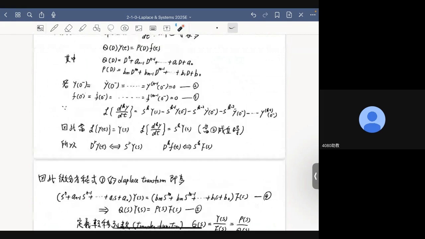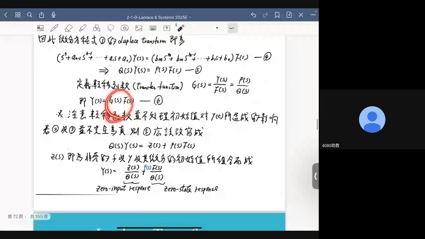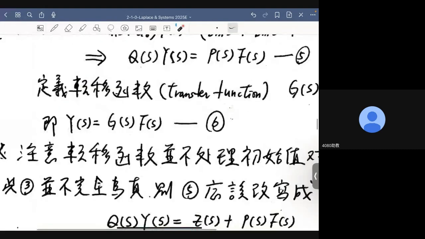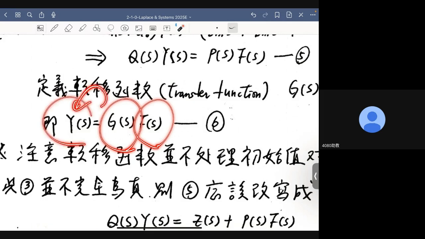All right? Because only when it can fully represent the dynamics of the system can we have this result. Okay? Only when G of s can capture every piece of information of the system can I have this result, because you times G of s, you times F of s, which is the Laplace transform of the input, with the transfer function, you can get the output.